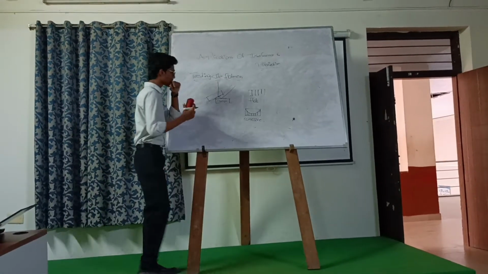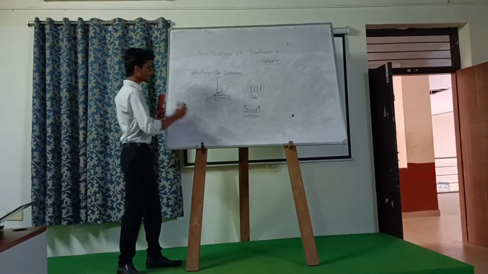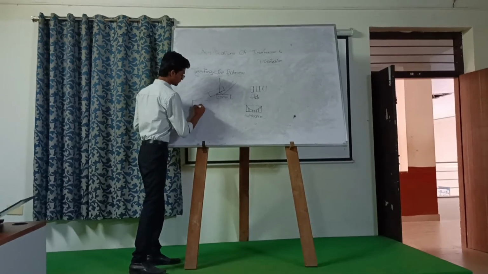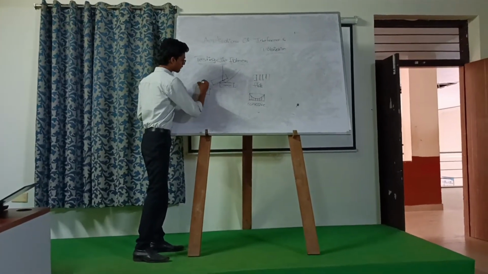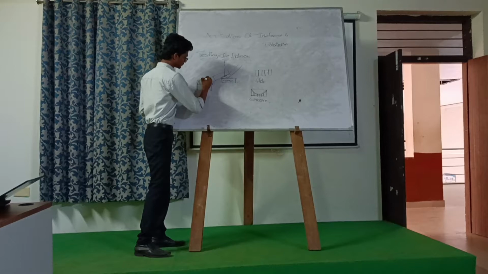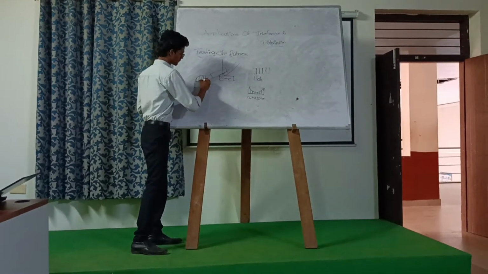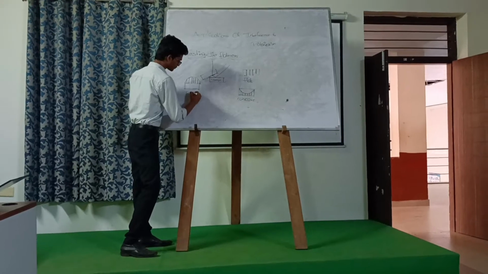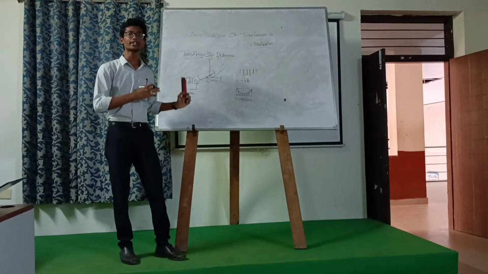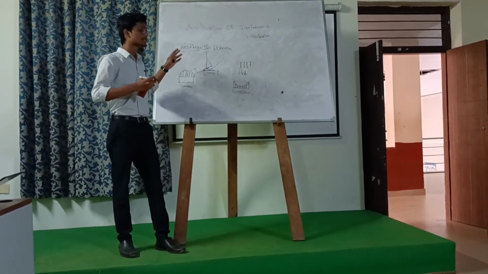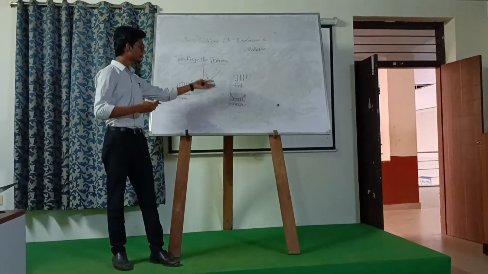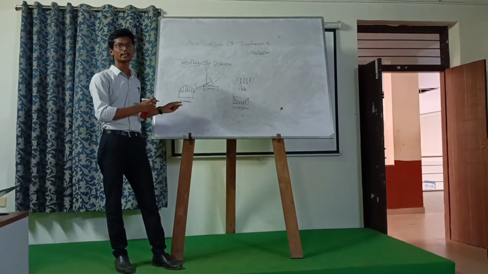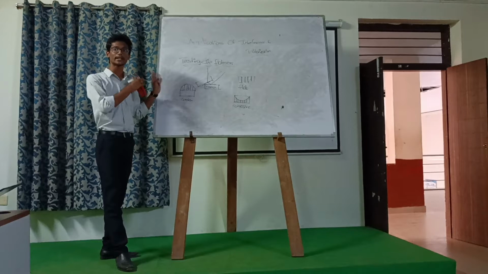On the other hand, when these fringes curve away from the contact edge, then the surface is convex. Based on these fringe patterns, we can classify the surface of any component as flat, concave, or convex. It is one of the applications of interference.